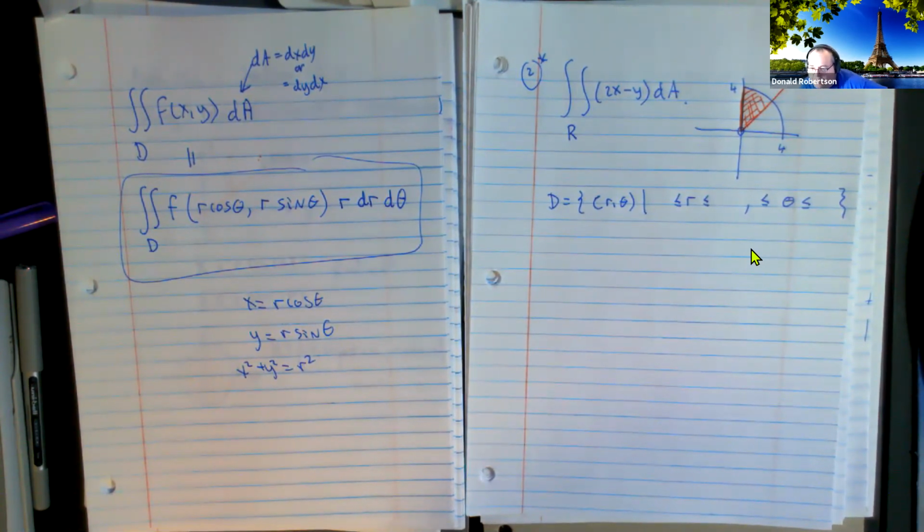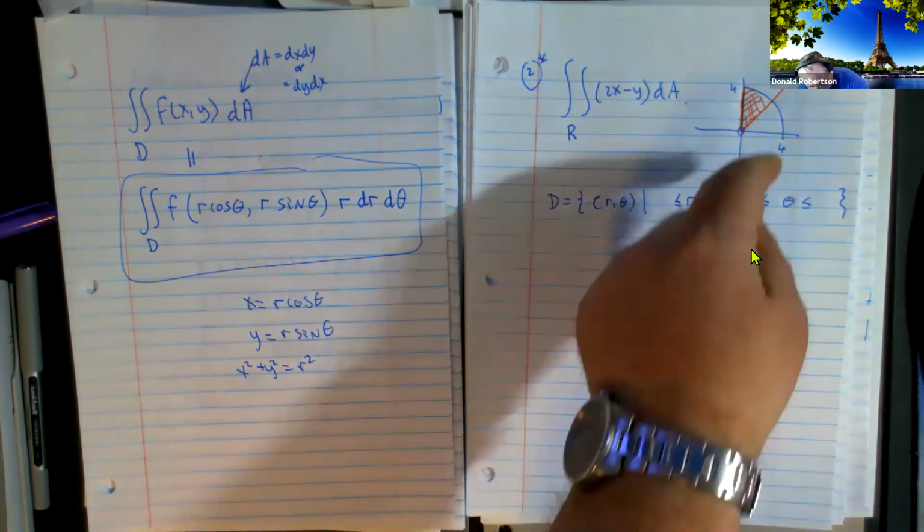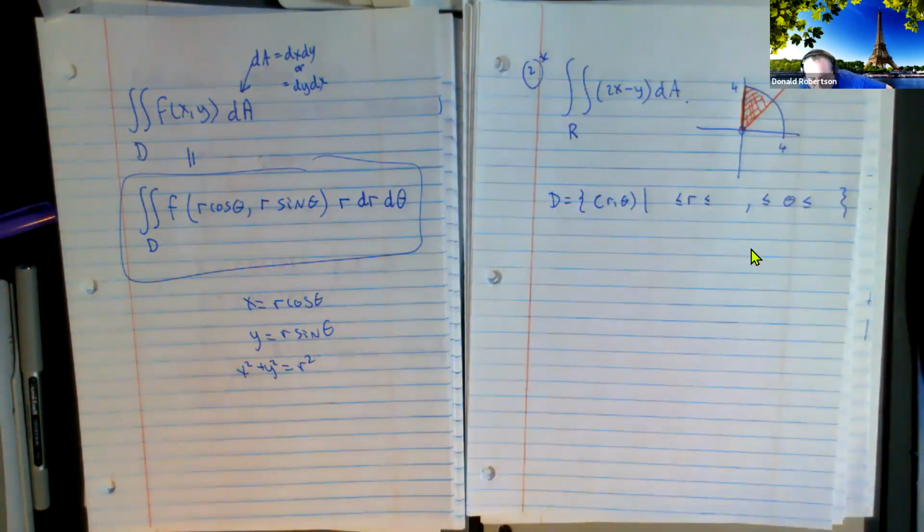Well, let's focus on the r value. I know you've got this diagonal line going here, but it really doesn't affect anything. Isn't the r from 0 to 4? Right.